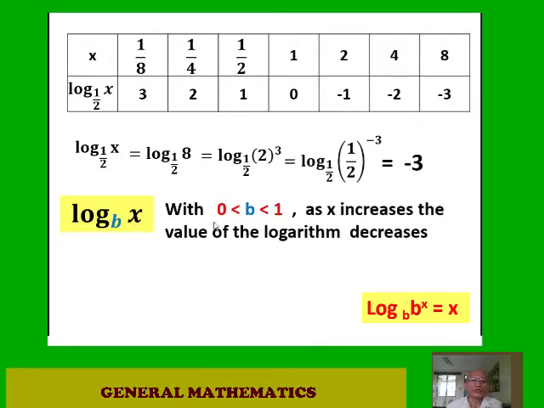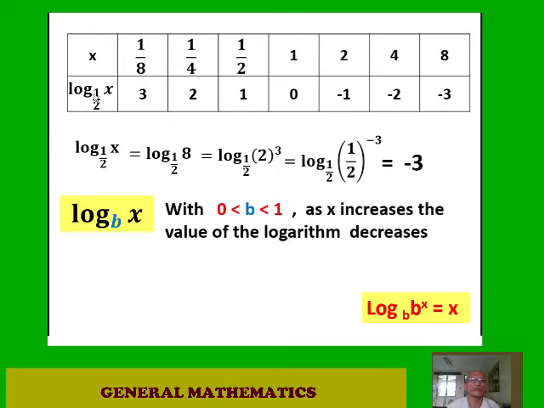In other words, as we analyze in our data, with the base b of the logarithm, which is less than 1 but greater than 0, as x increases from 1/8 to 8, the value of the logarithm decreases.